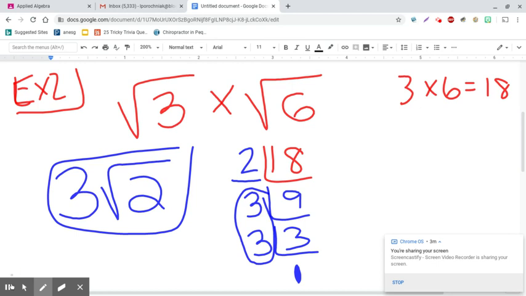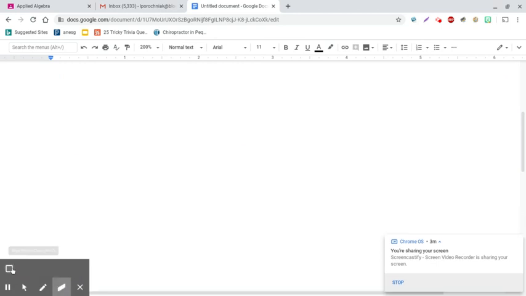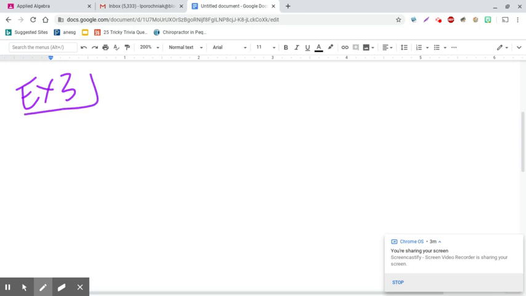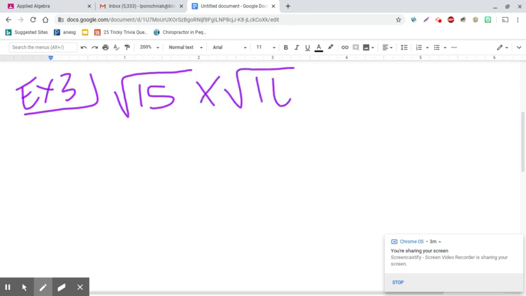Okay, so let's try another. All right, so example 3. Let's try radical 15 times radical 10.